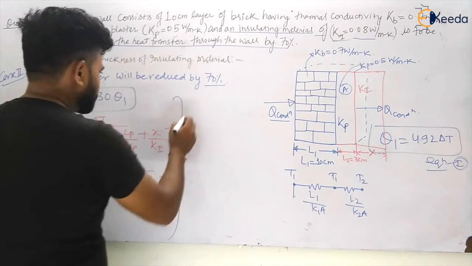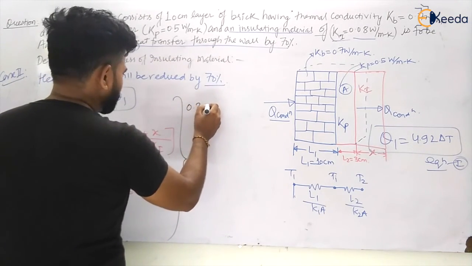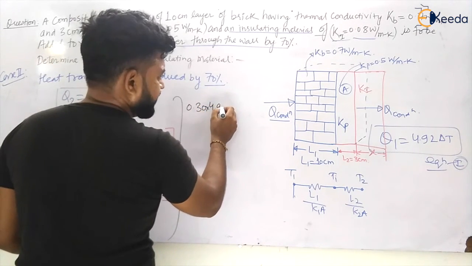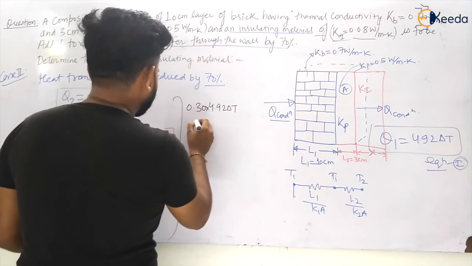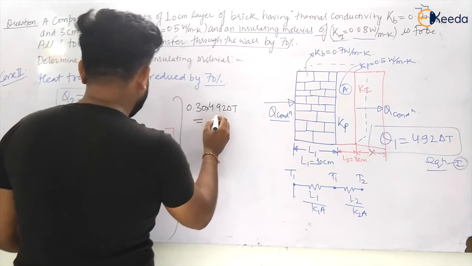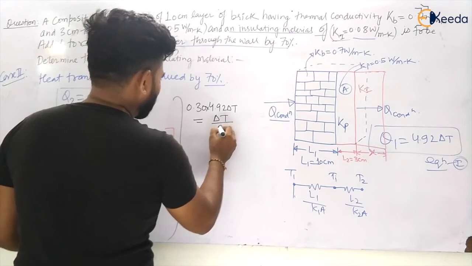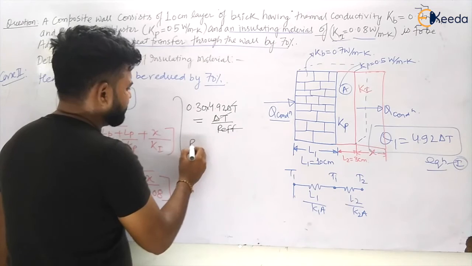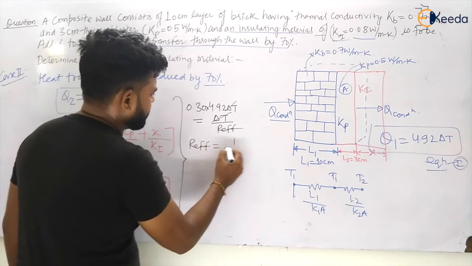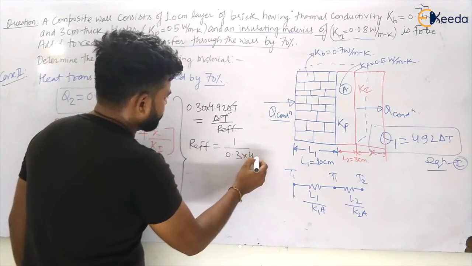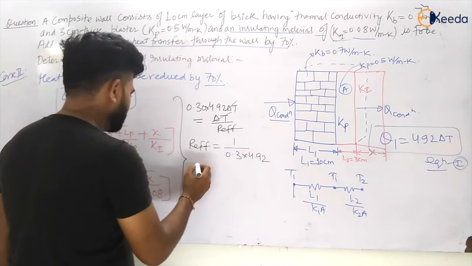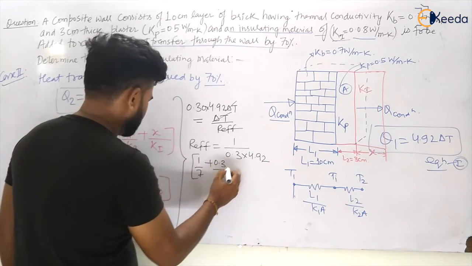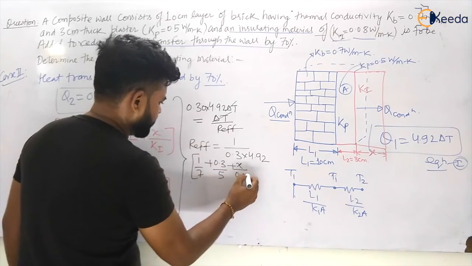So 0.30 Q1 is equal to 0.30 into 4.92 delta T, which is equal to delta T by R effective. So delta T will go. So R effective will be equal to 1 upon 0.3 into 4.92. We know R effective is 1 upon 7 plus 0.3 upon 5 plus X upon 0.08.